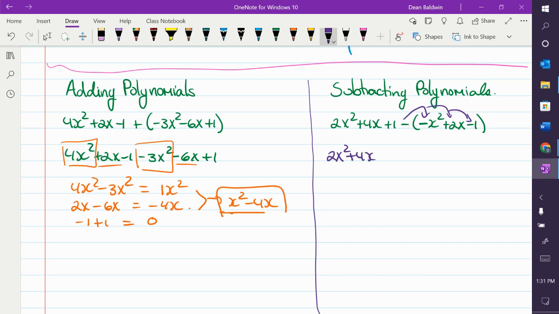Essentially, you're adding the negative. A negative and a negative make a positive x squared. The positive 2x becomes negative 2x, and the negative 1 becomes plus 1. So this negative 1 just flips all the signs in there.